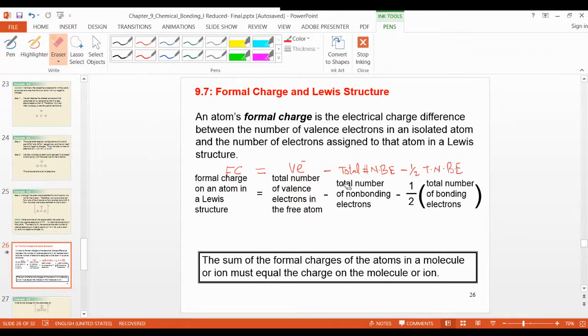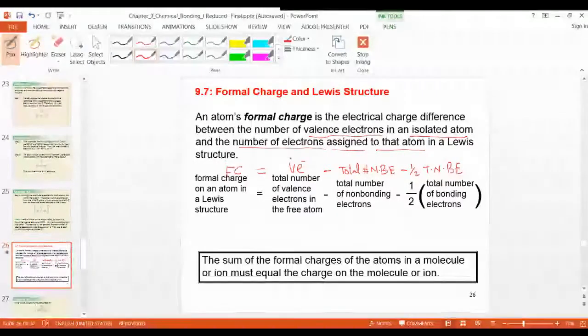Formal charge is the electrical charge difference between the number of valence electrons in an isolated atom and the number of electrons assigned to that atom in a Lewis structure.